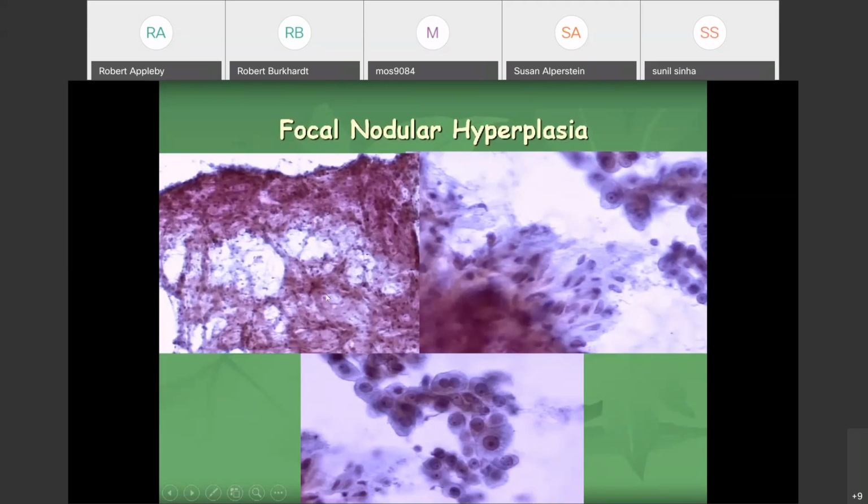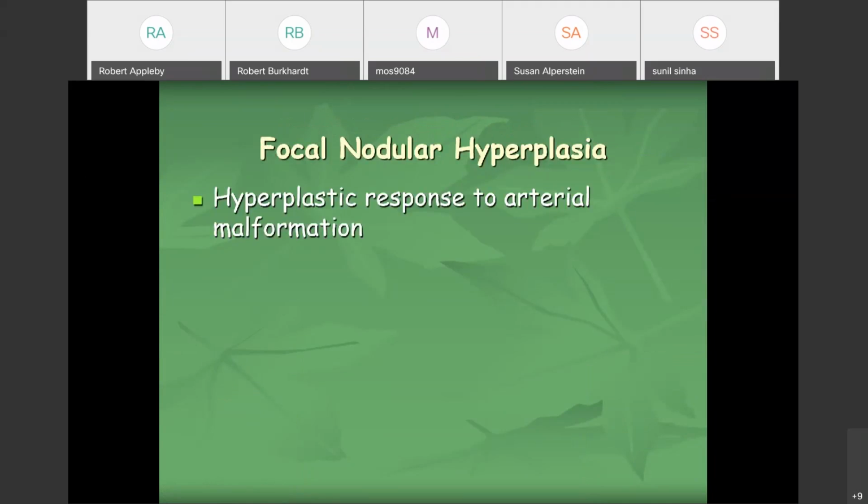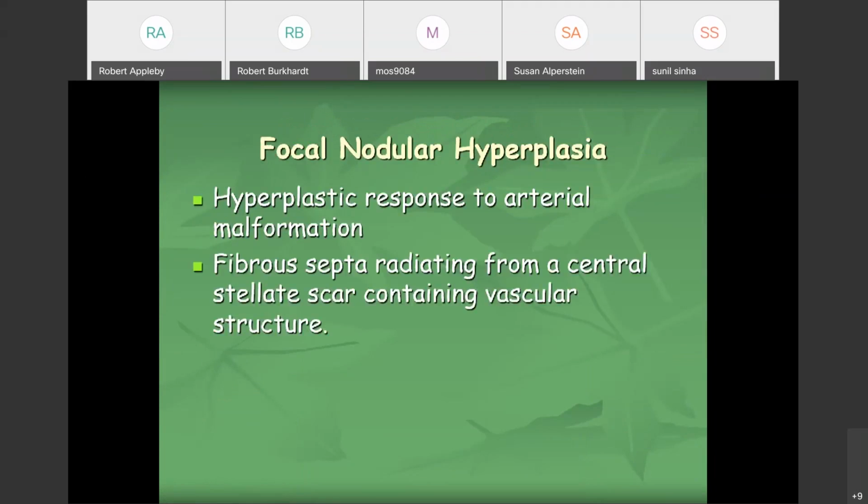This is an example of focal nodular hyperplasia. It's hyperplastic response to arterial malformation. Fibrous septa radiating from a central cellular scar containing vascular structure.